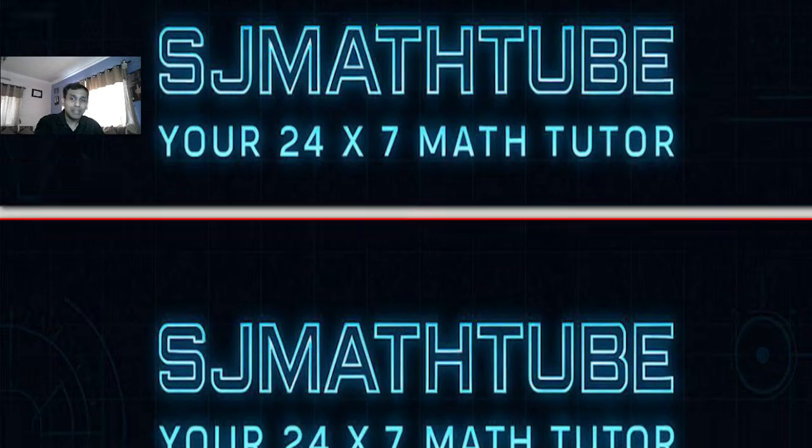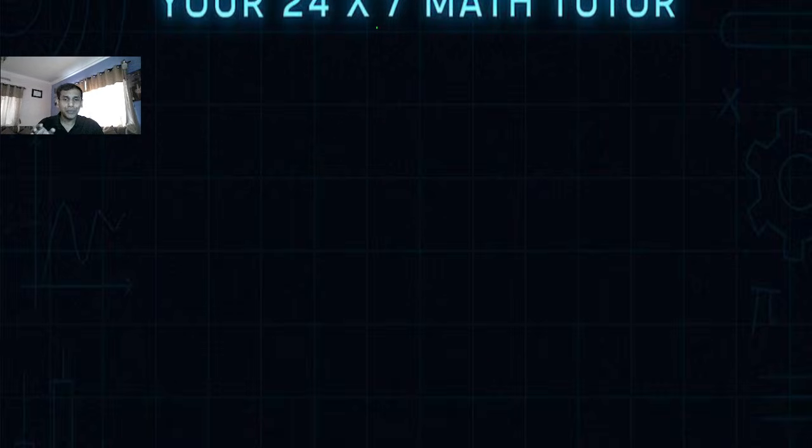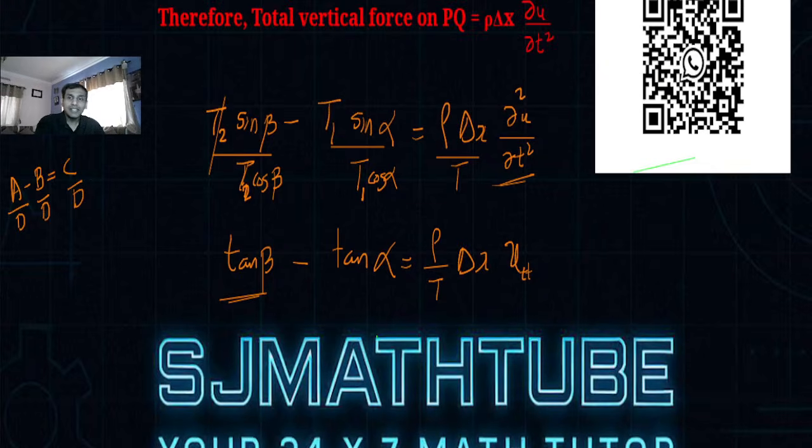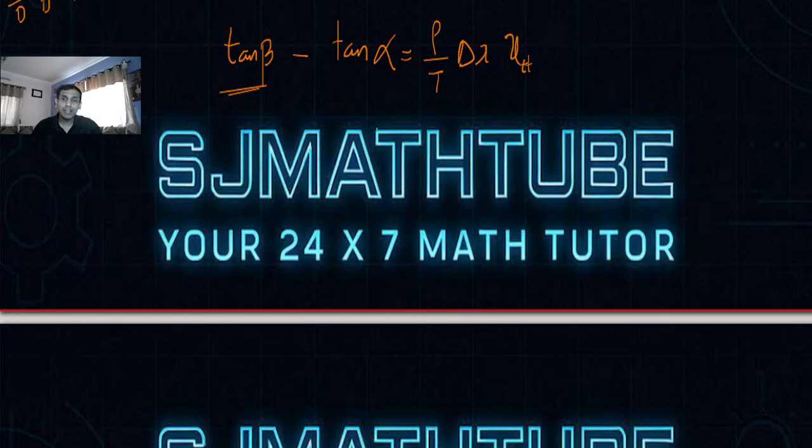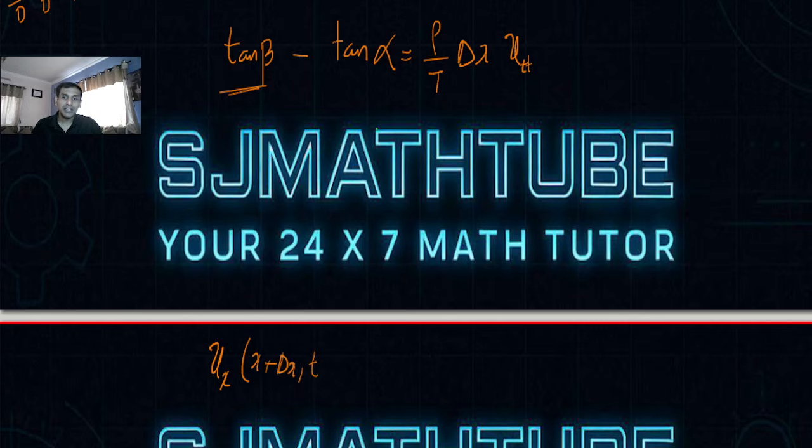What is tan beta? Come on, I told you tan is the derivative. It's approximately the derivative, and here it will be partial derivative because we are freezing time. Do you remember? What is this alpha, beta, etc.? We froze time, so time is a constant. So basically, this tan beta will become u_x at x plus delta x, comma t, because time is frozen, minus u_x at x comma t is equal to rho by T delta x u_tt.